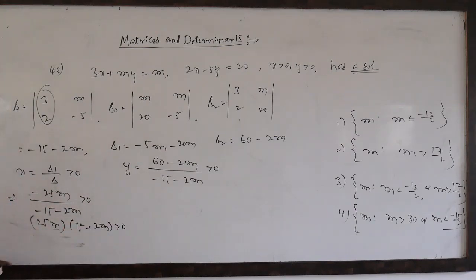Take 25 common, 2 also common, and we get m(15/2 + m) greater than 0.